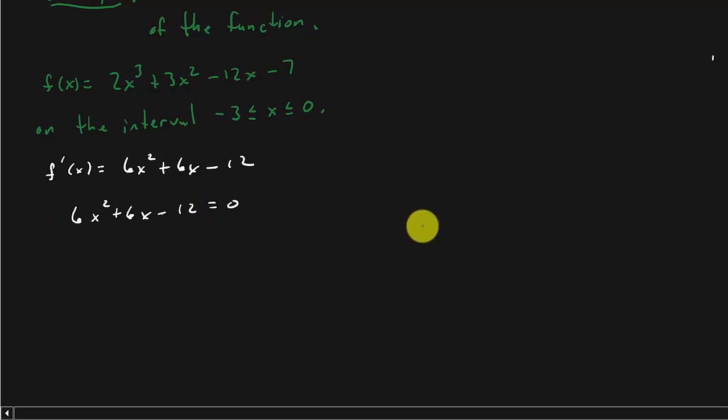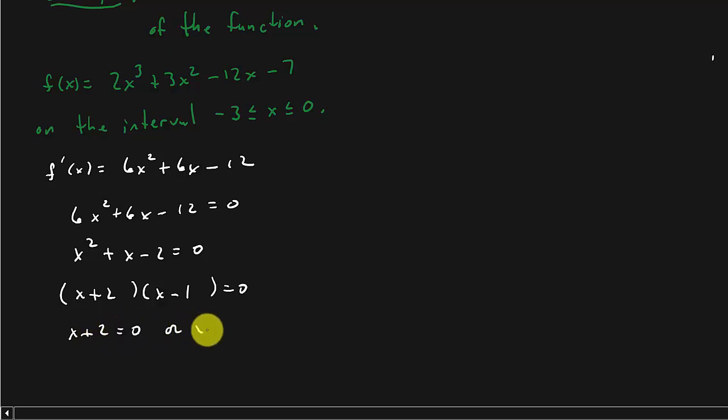And we can divide everything by 6, make it easier for us to factor. And so we get x plus 2, x minus 1, so x plus 2 equals 0, or x minus 1 equals 0, so x equals negative 2, or x equals 1.